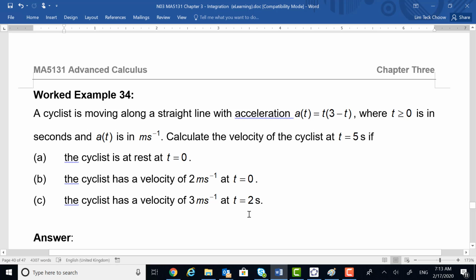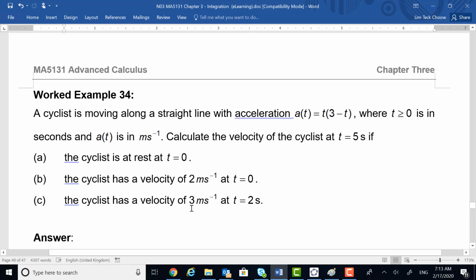In example 34, you are given an acceleration of this amount, and then you want to find the velocity at t equals 5. Okay, you're given a different scenario. Find the velocity at t equals 5 when this, and when this.